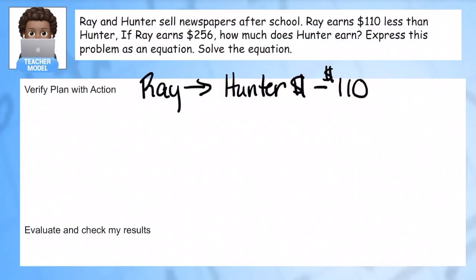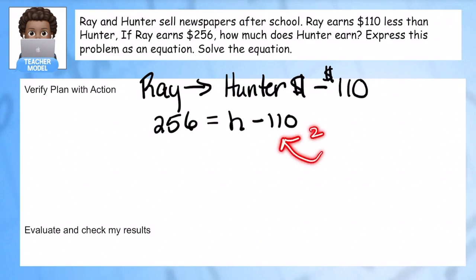Ray's money is equal to Hunter's total minus 110. So let's write that as an equation. R = H - 110. Whatever Ray has, Hunter has minus 110. We want to turn this part into a zero pair so that we're left only with H. So we're going to add its opposite.